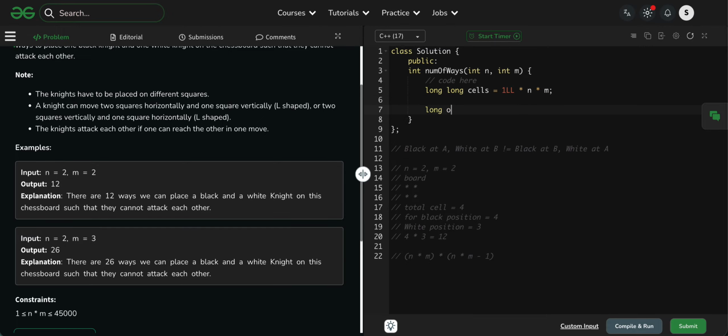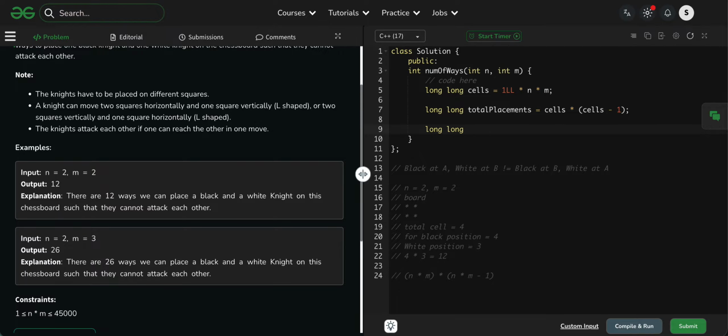Now long long total placements is equal to cells into cells minus 1, right? Now long long attacking placements is equal to 4 ll into 1 ll.